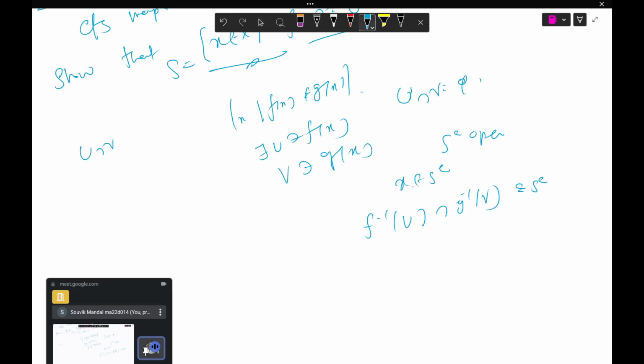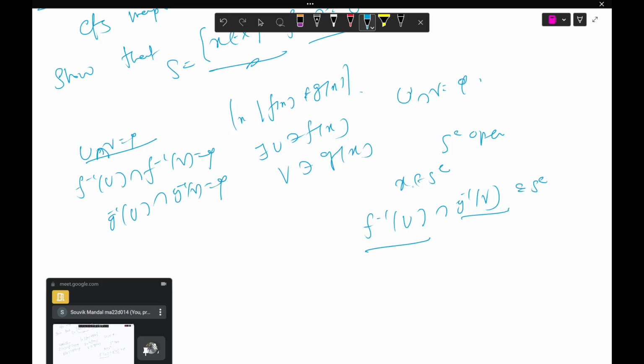No, U and V must be empty, that is right. So this implies f inverse U intersection f inverse V is empty and g inverse U intersection g inverse V is empty, right? But we have done f inverse U intersection g inverse V. Understand? That's the point. Do you get it?